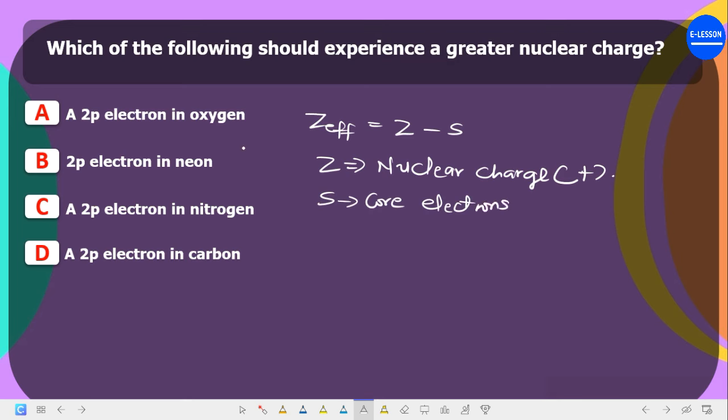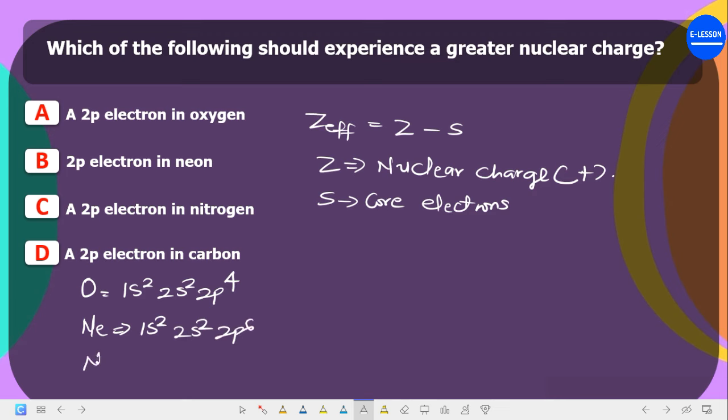Now, the electronic configuration for oxygen is 1s2, 2s2, 2p4. That for neon is 1s2, 2s2, 2p6.